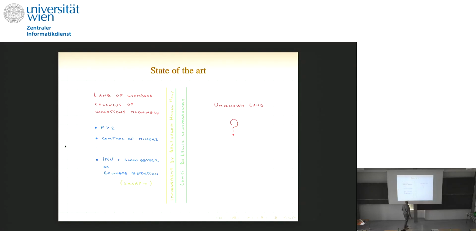Now, what can we do? We have to move on to the other side. The fact that there is this obstruction and that you cannot use the standard machinery does not mean that there are no solutions for the neo-Hookean energy. It means only that your standard machinery does not work.